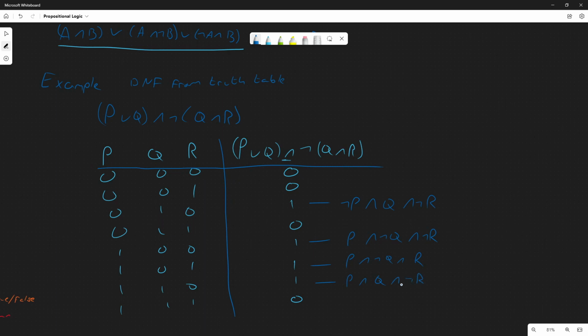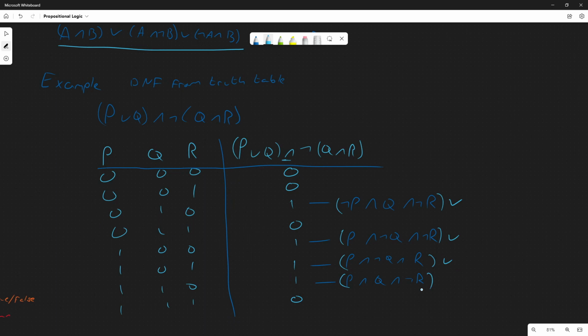All we have to do is chain them together into a bunch of sections of a larger proposition. So we have this or this or this or this. And that is our disjunctive normal form for this.